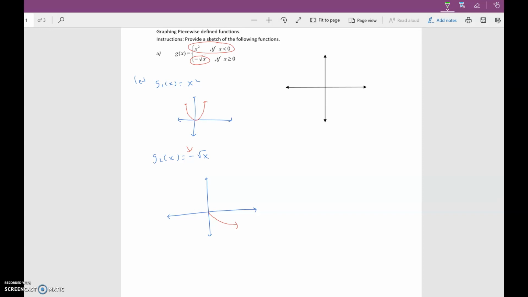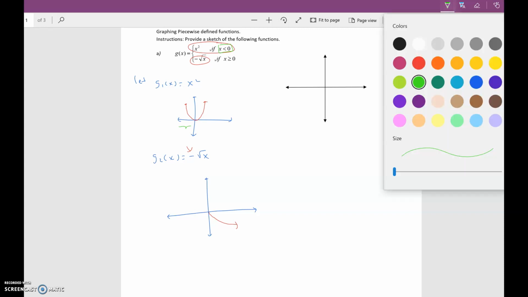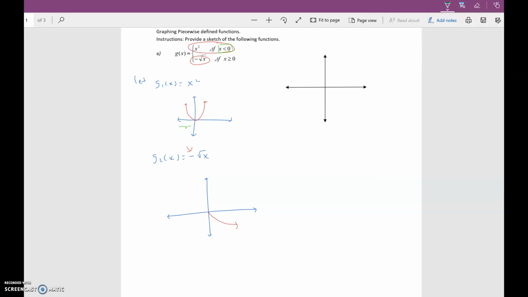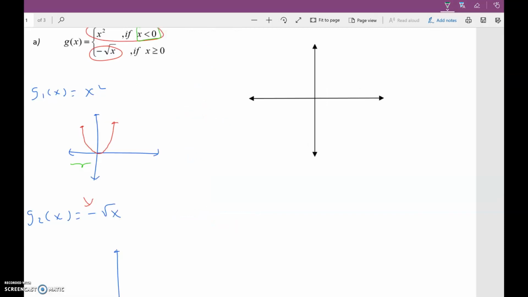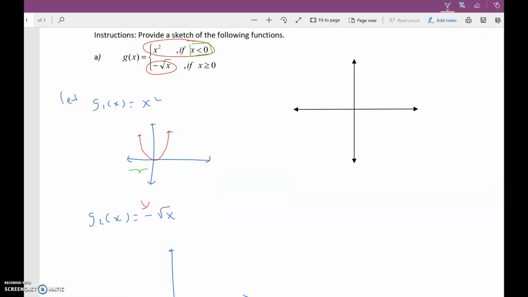Your first function, x squared, is only true for x being less than 0. That would be this piece. So the piece that we're going to be transferring over is less than 0, which means you're not going to include the origin, and it's just the piece to the left. That would be the piece of the parabola that we technically need.